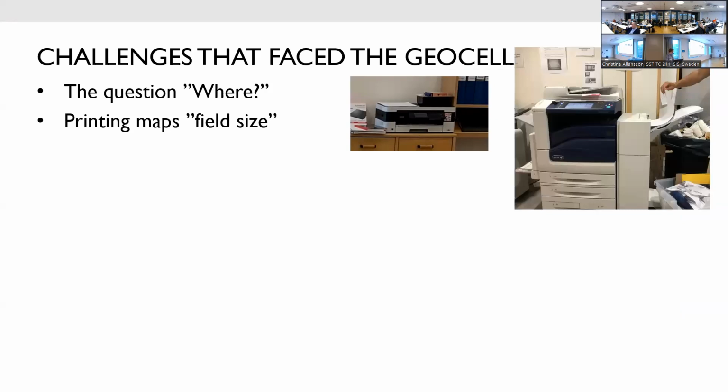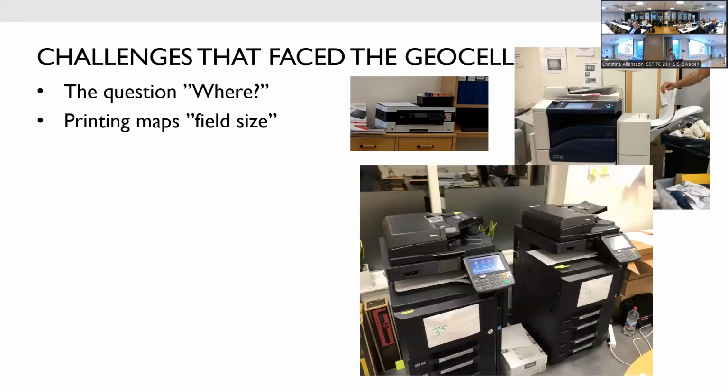So we soon started using the school's printers, but a lot of other functions of the staff would also use these printers. So we kind of had to wait in queue for a while. And then finally, we had two of our own that could print all those smaller maps.